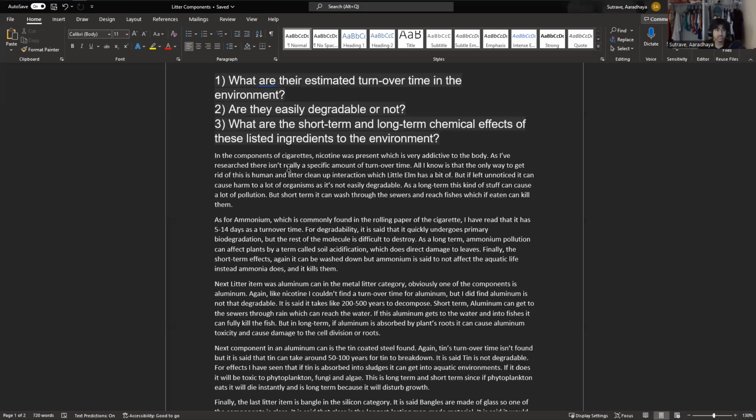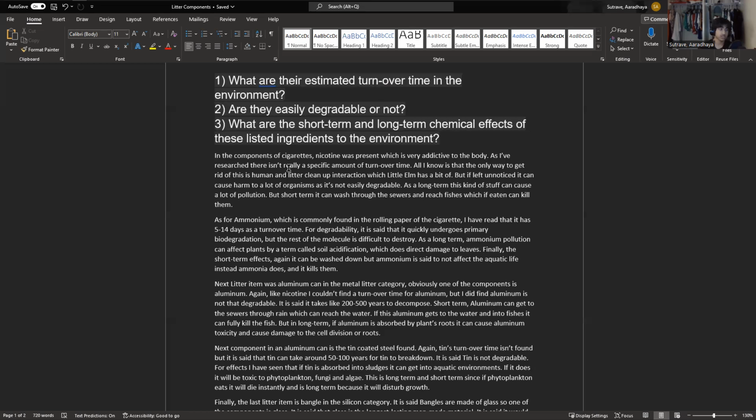For degradability, it is said that it quickly undergoes primary biodegradation, meaning it's easily degradable. But the rest of the molecule is difficult to destroy. In the long term, ammonium pollution can affect plants by a term called soil acidification, which does direct damage to leaves.